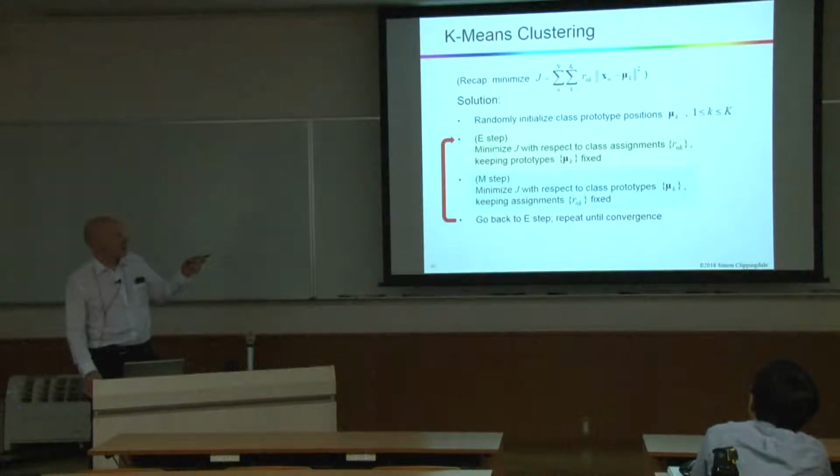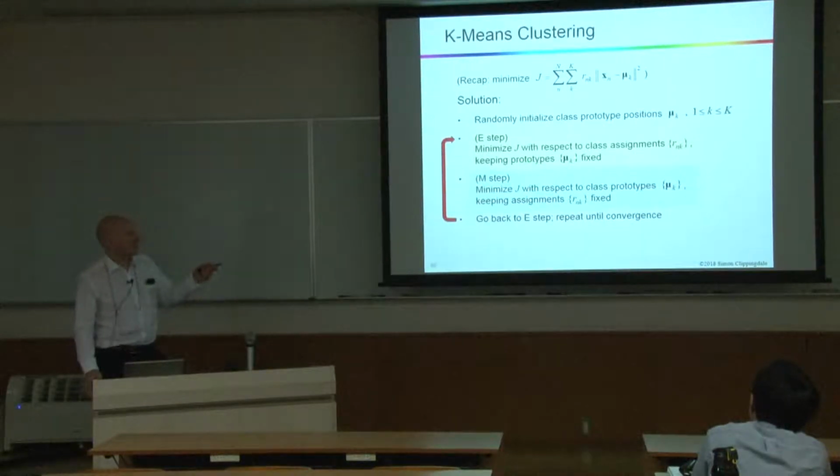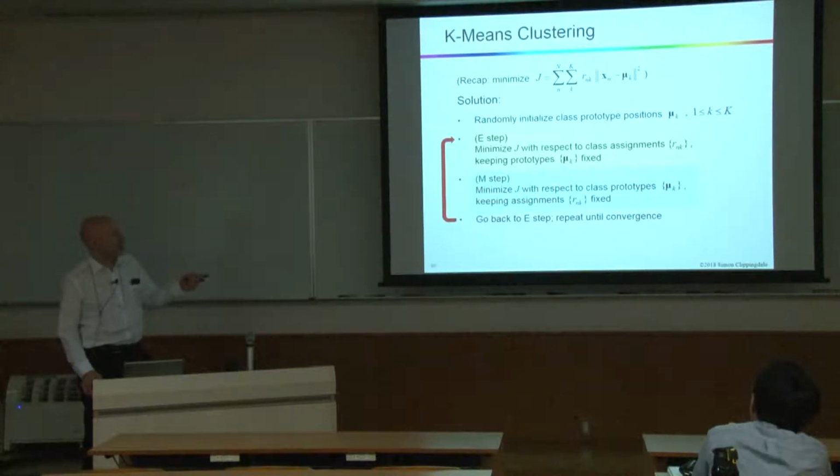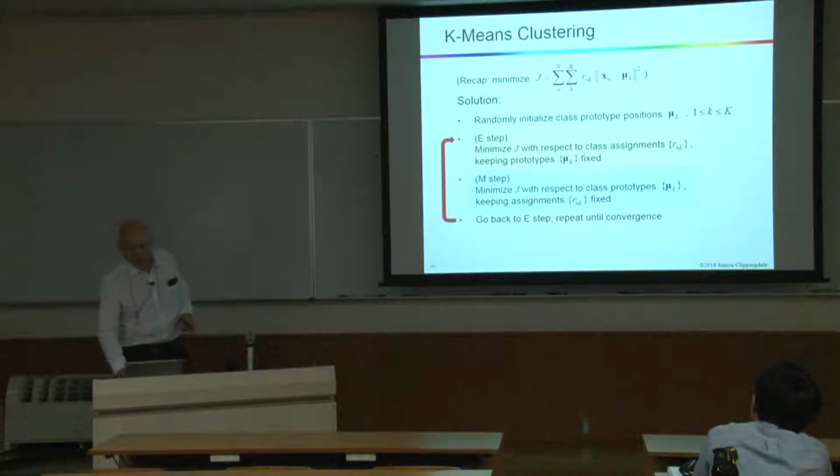So the E step, we try to minimize this error with respect to the class assignments. So assigning which point is going to belong to which class, without moving the class means around. Then the M step, keep the assignments the same, but move the class means around. Keep doing this until nothing changes at some iteration.